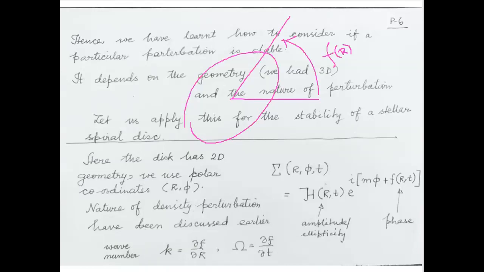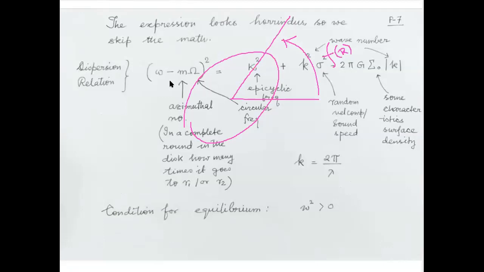Okay, so once we have this, what do I do? I again write down the continuity equation and the Euler equation in 2D polar coordinate. Put this in the continuity and Euler equation, do the exact same exercise that I did with the 3D case, and then I get a dispersion relation. The dispersion relation looks like this.